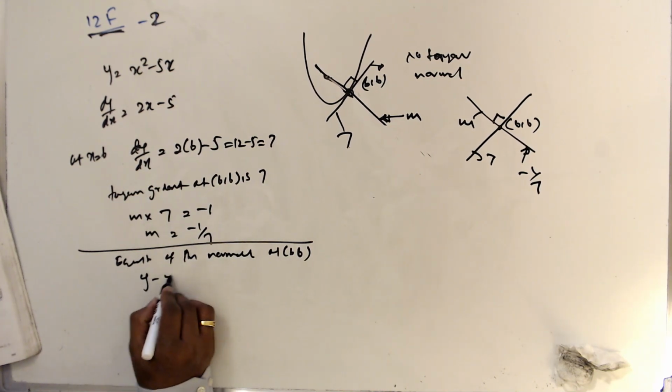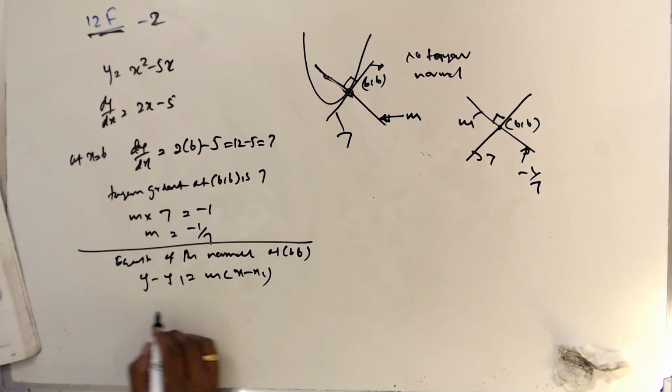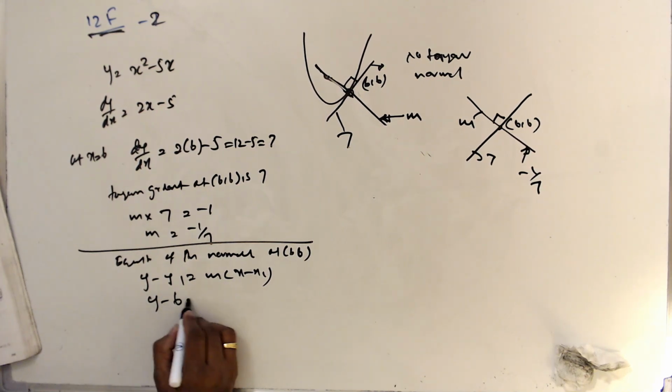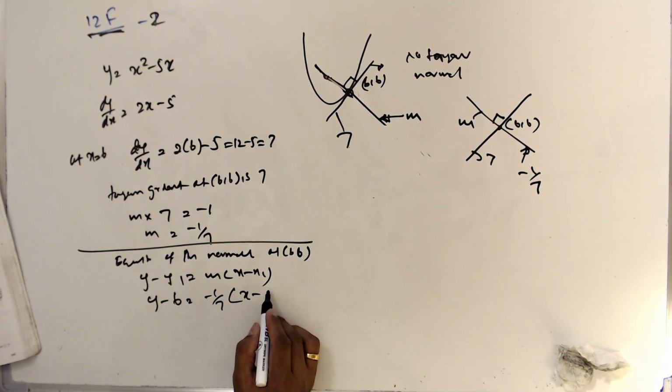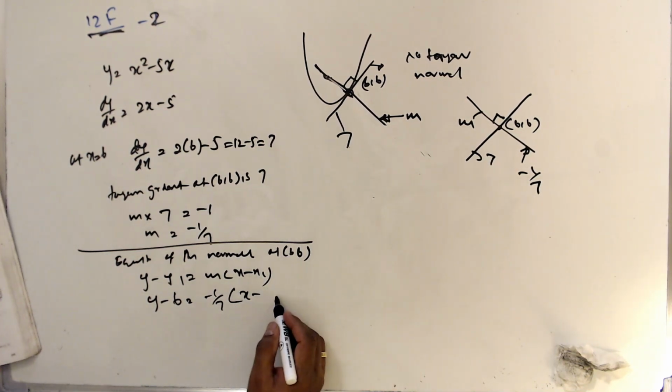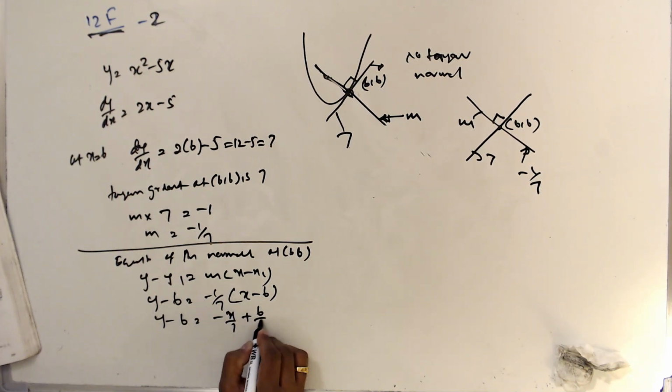So y minus y1 equal m times x minus x1. So y minus y1, which is 6, equal m, minus 1 over 7, times x minus x1, which is again 6. So we'll take this one out now, simplify. Y minus 6 equal minus x over 7 plus 6 over 7.